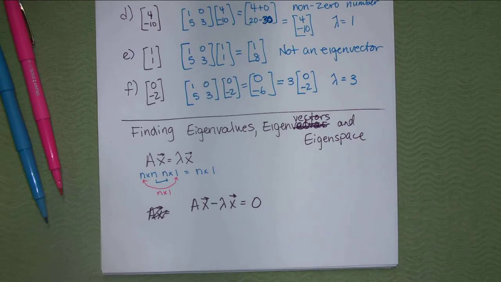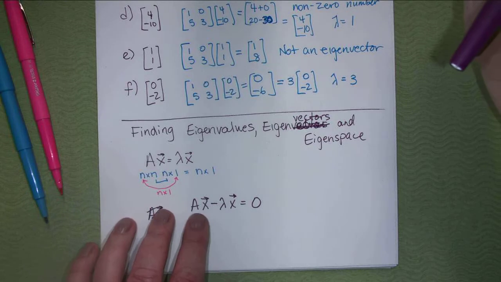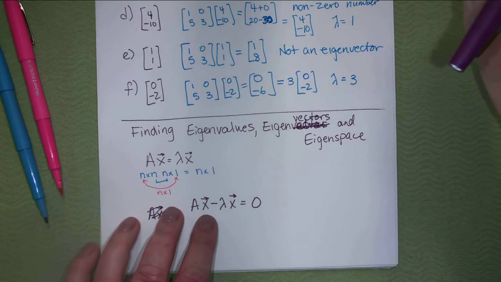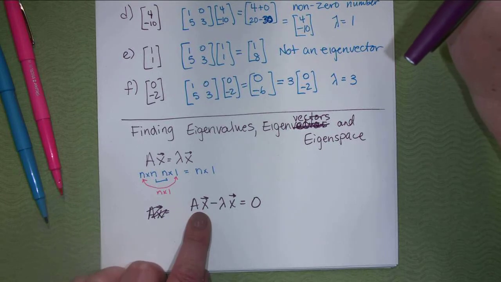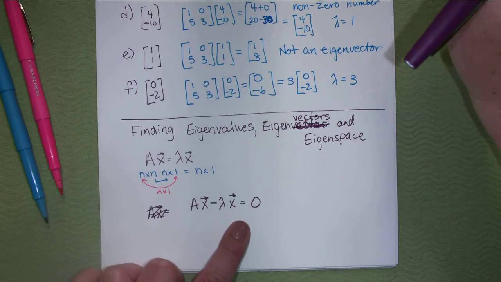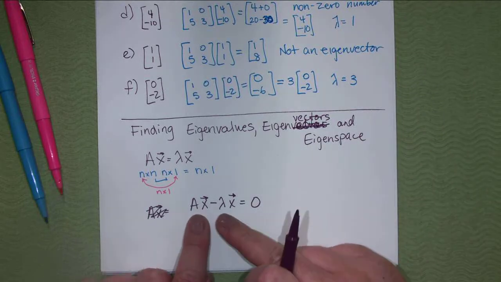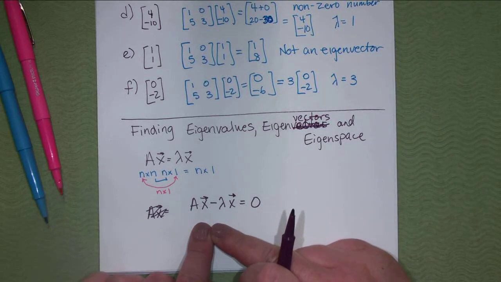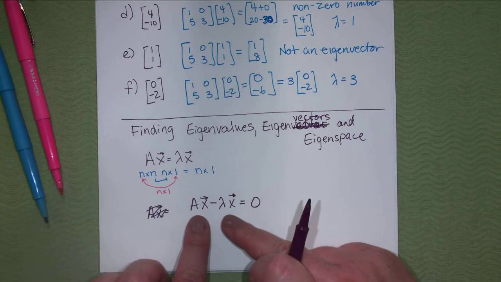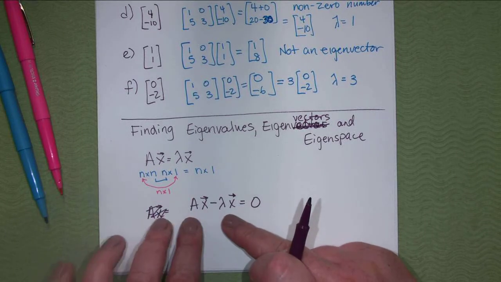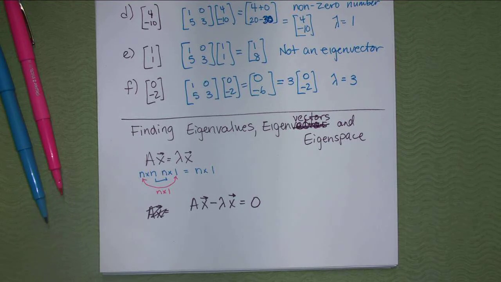It's not possible right now, because to subtract matrices, they have to be the same size. The answer to this is the same size, and the answer to this is the same size. So as long as you do these separately, you would be able to subtract. They'd both be n by 1. Do you agree with that? But when you look at them, they're not the same size when you write it out. But if you did them separately, it would still work. So this is still okay.